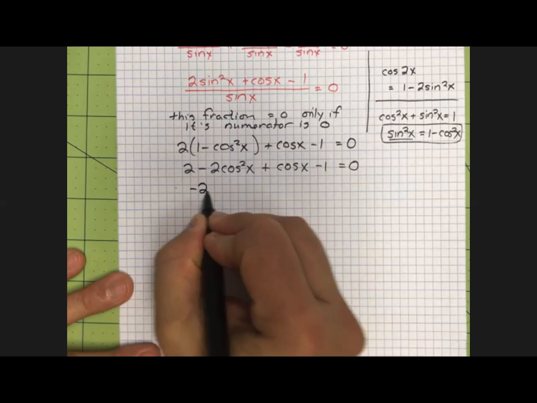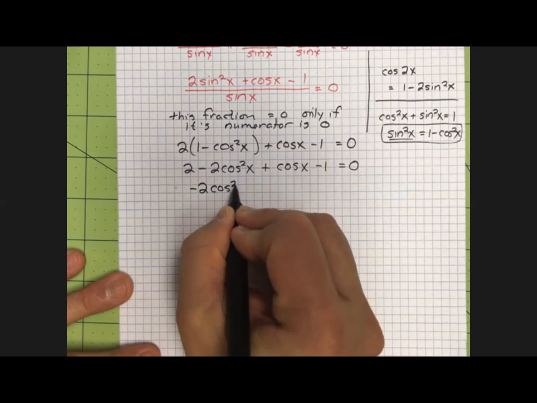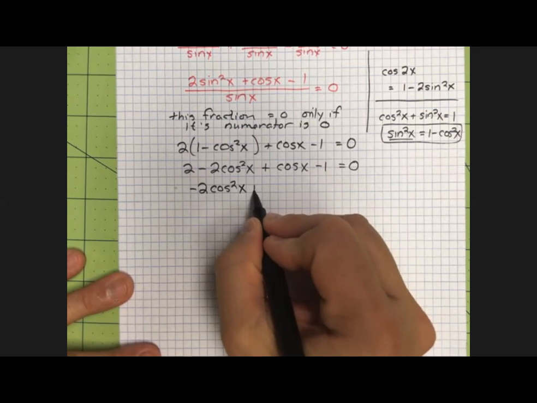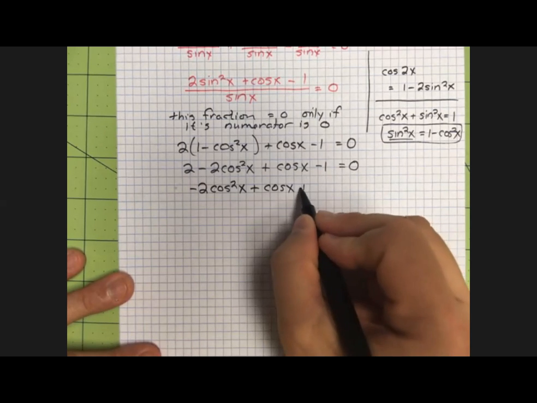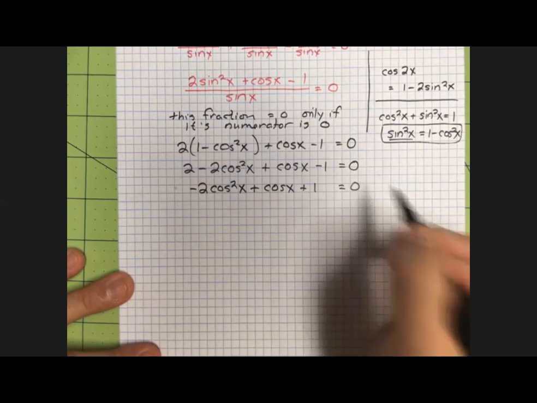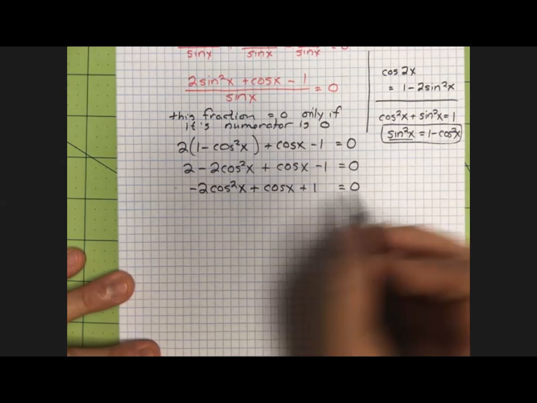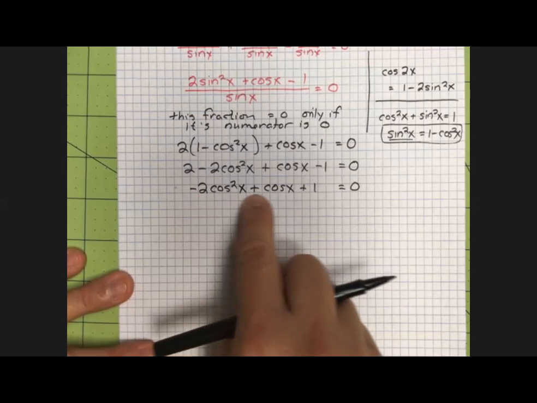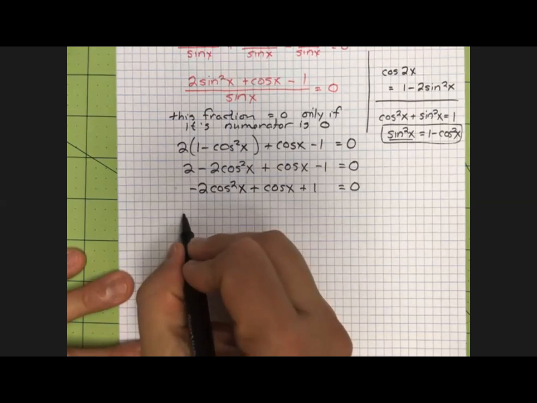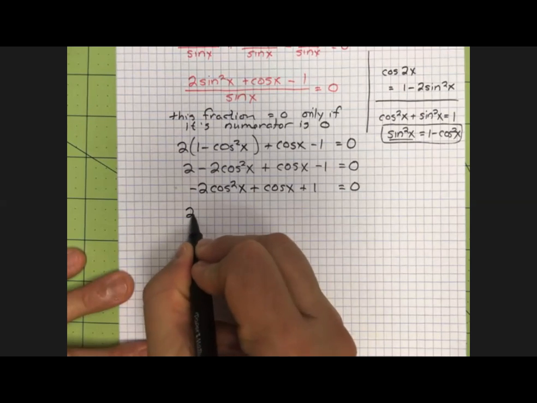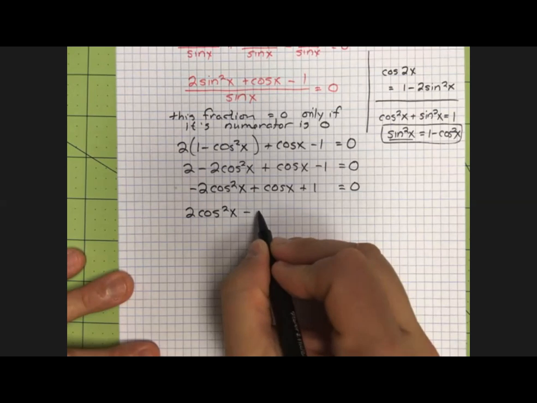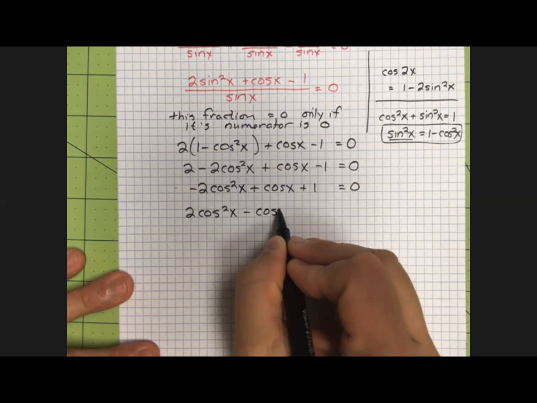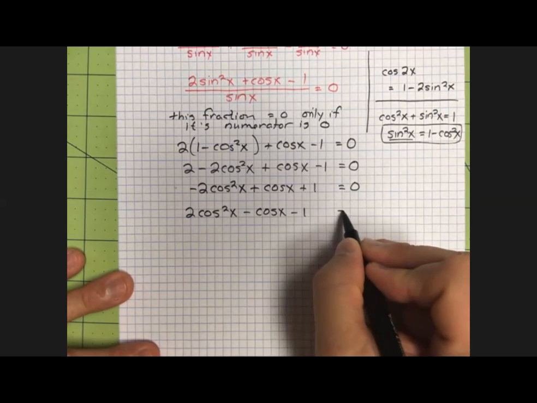Now I have negative 2 cosine squared x plus 1 cosine x, since 2 minus 1 is plus 1, equals 0. And now let's multiply everybody by minus 1 just so I can lead with a positive number here. 2 times cosine squared x minus cosine x minus 1 equals 0.